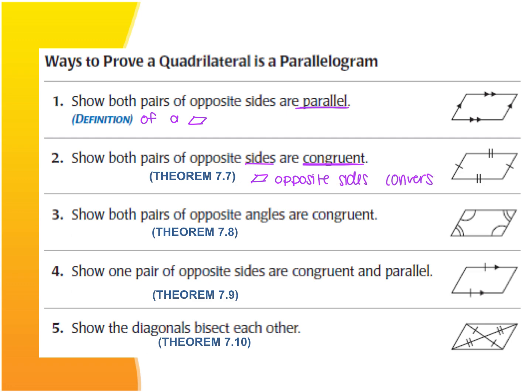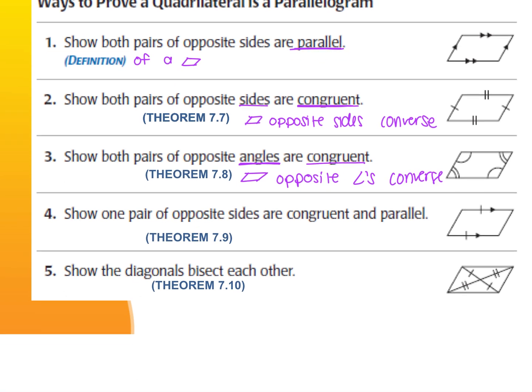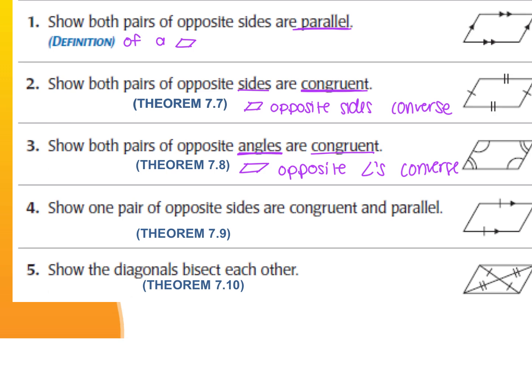Sides are congruent, and if you're looking at the next one, angles are congruent. This is parallelogram, opposite angles, converse. Looking at the next one, shows that one pair of opposite sides are congruent and parallel. It has to have congruent and parallel.